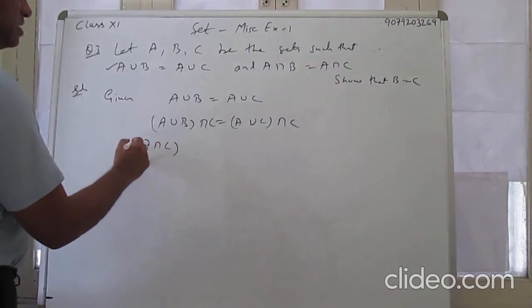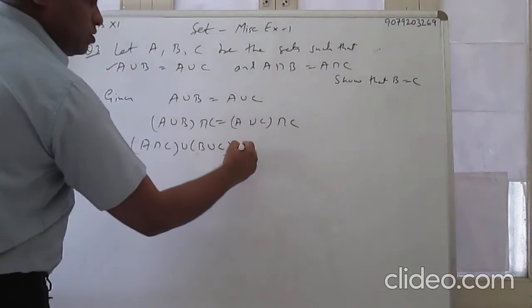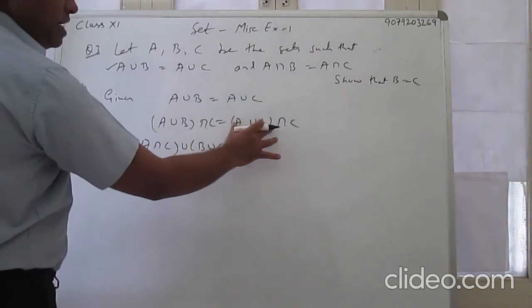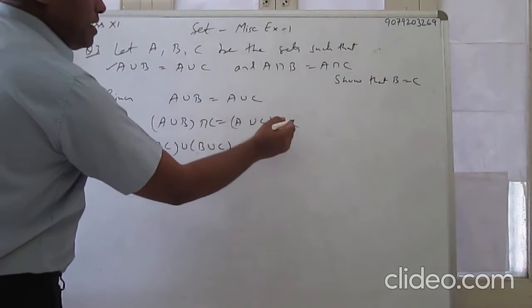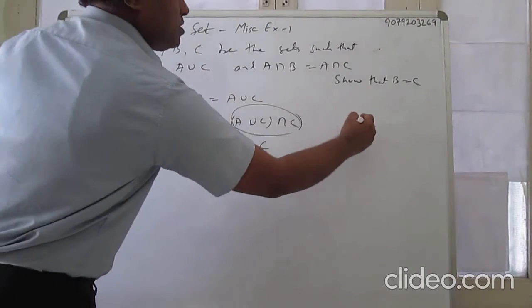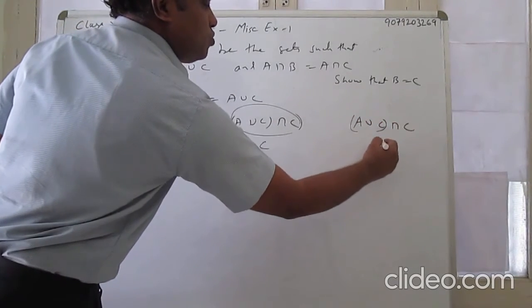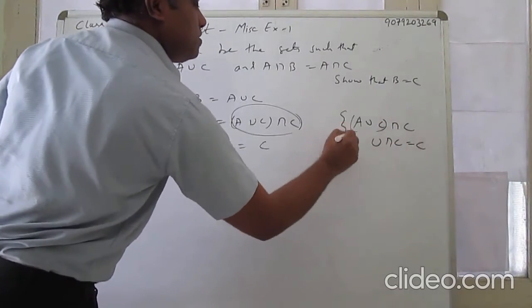A intersection C union B intersection C is equal to A union C is what? Universal set and intersection C. So it becomes C. See here, A union C intersection C is equal to, this is universal set, intersection C is equal to C.